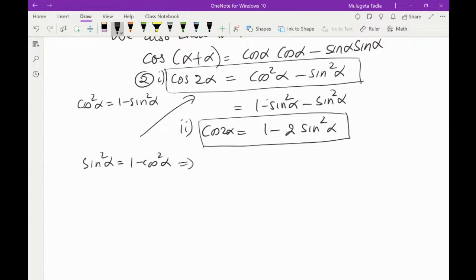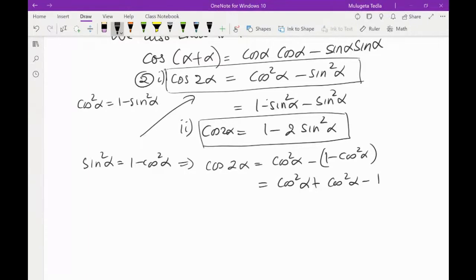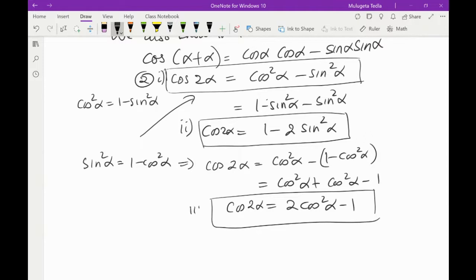Therefore, cos of 2 alpha equals cos squared, keep it, change sine squared to 1 minus cos squared of alpha in brackets. So this is cos squared of alpha minus 1 plus cos squared of alpha, which is twice cos squared of alpha minus 1. That is another formula for the cosine of 2 alpha. So cosine of 2 alpha has 3 versions.